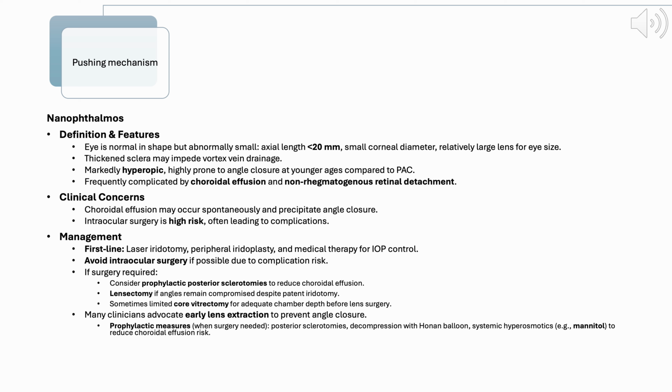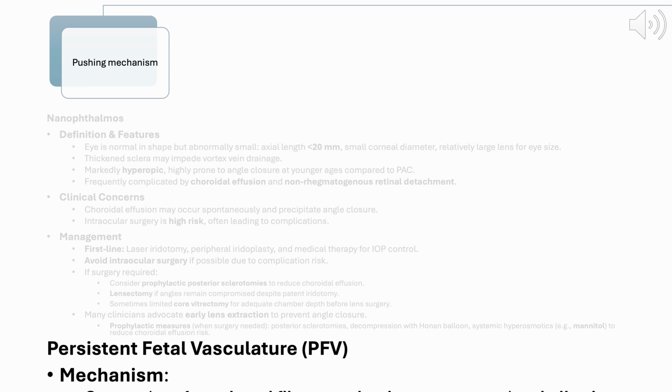But if surgery is absolutely required, prophylactic posterior sclerotomies may be performed to reduce effusion risk, and lens extraction is often considered to prevent angle closure in the long term. Prophylactic measures, including decompression with a Honan balloon or systemic hyperosmotics like mannitol, can also help reduce intraoperative complications.